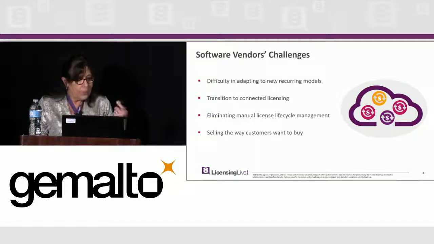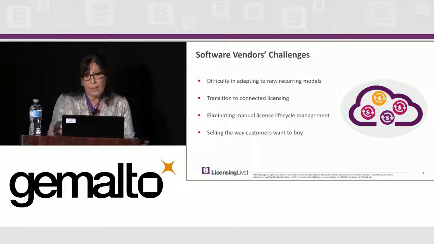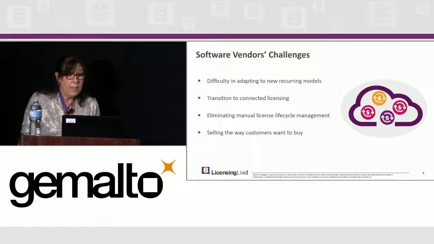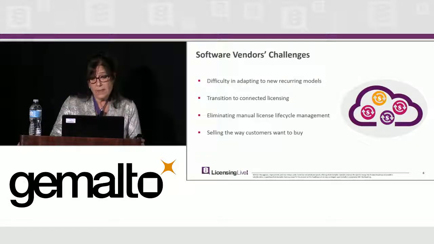Advanced or recurring revenue models, if they're not automated, require a lot of manual work. We see that many vendors are still using manual processes to manage the licensing lifecycle. Everything is done manually, from order entry to license creation, to delivery, deployment, upgrades, and so forth.